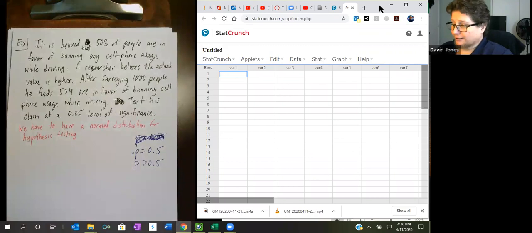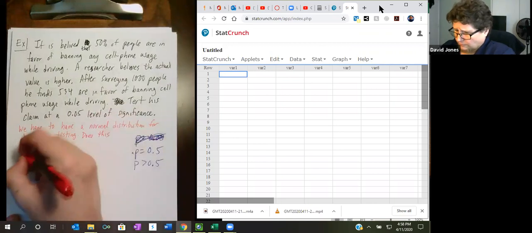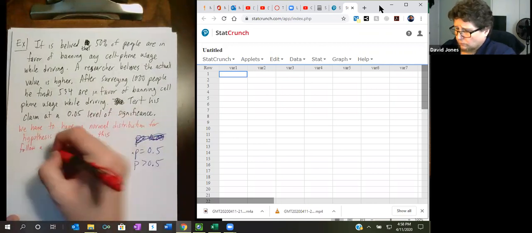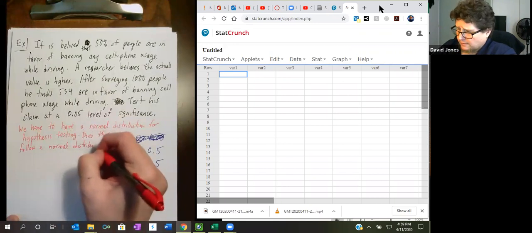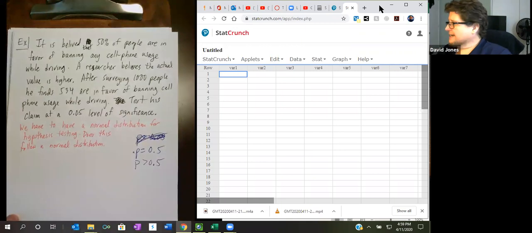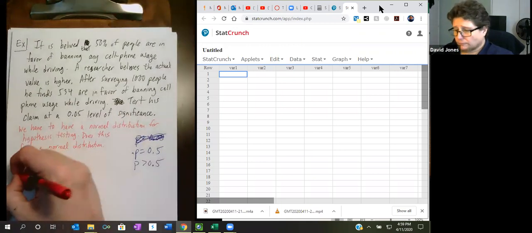Can we use a normal calculator first, though? Does this follow a normal? It either has to tell us it does, or we needed two things. Remember when we had proportions?